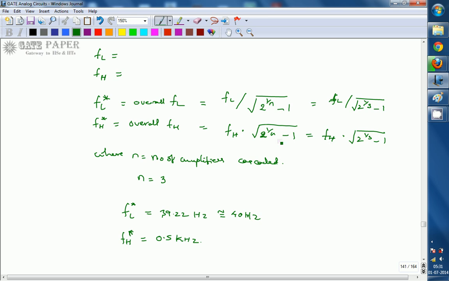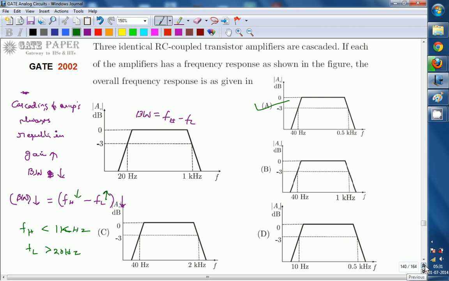So the right answer for this question is A, with overall lower cutoff frequency 40 Hz and overall upper cutoff frequency 0.5 kHz. The required frequency response is option A. Thank you.